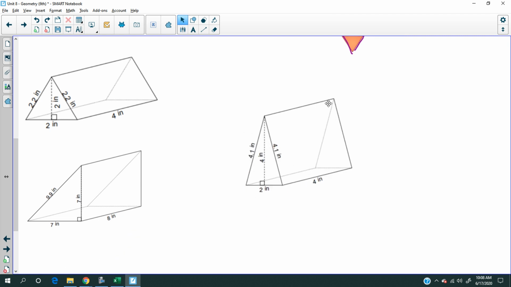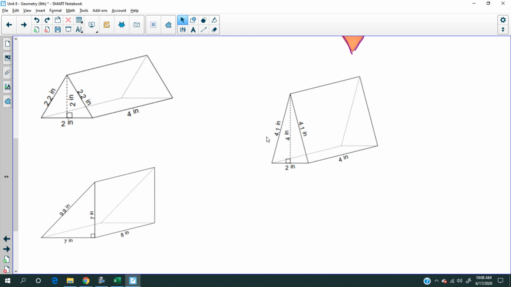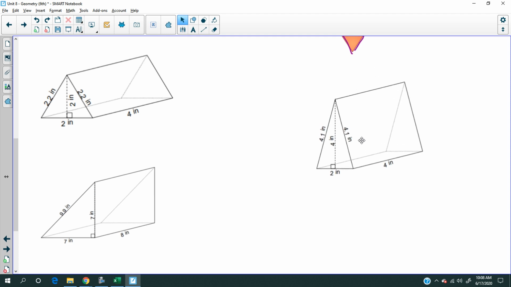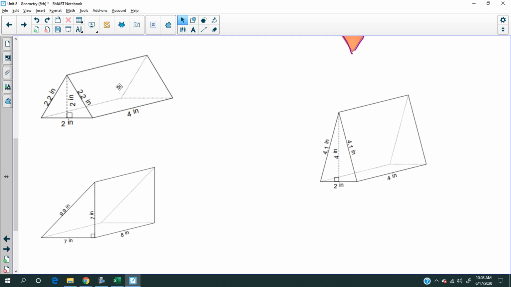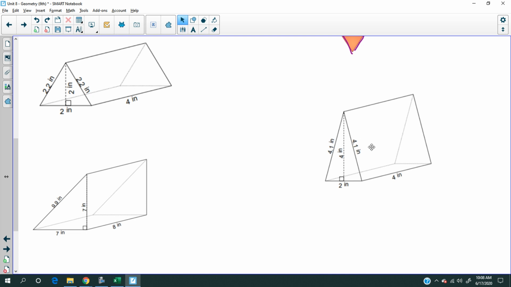I want to maximize the space, so maybe like this. Try these three, press pause, and when we come back, I'll show you what I did. Be right back.